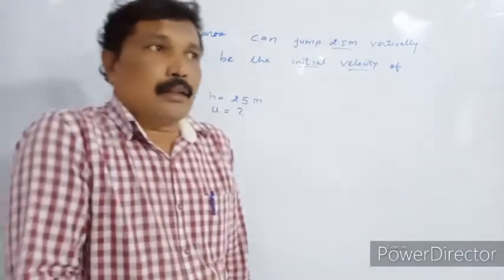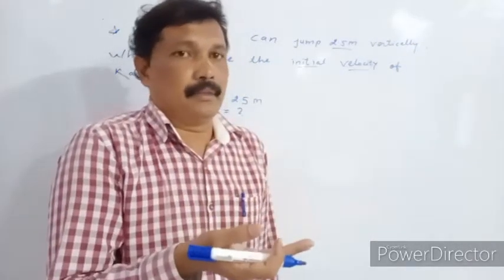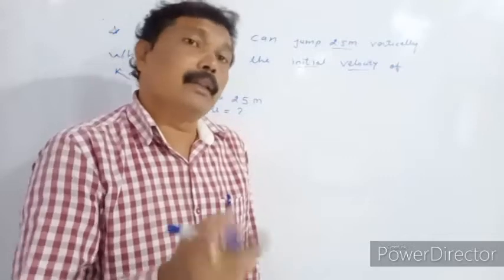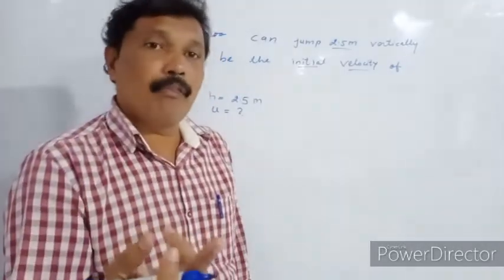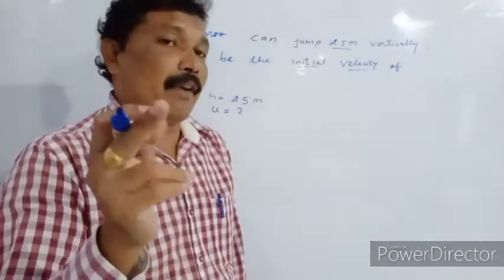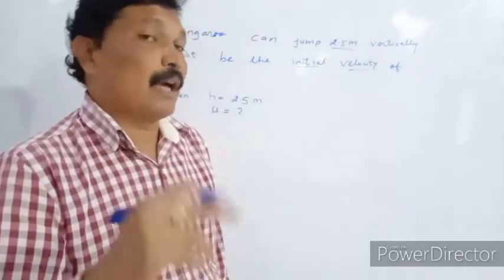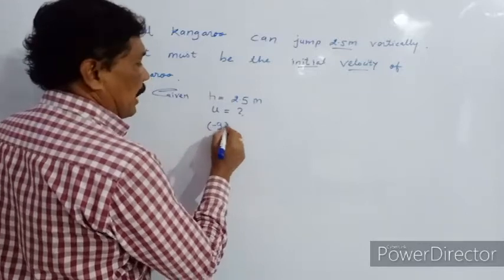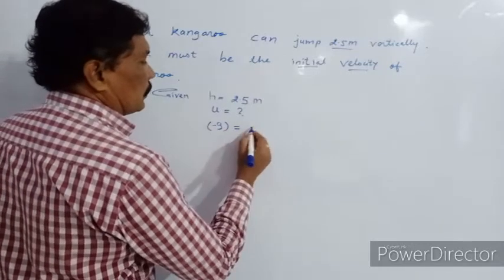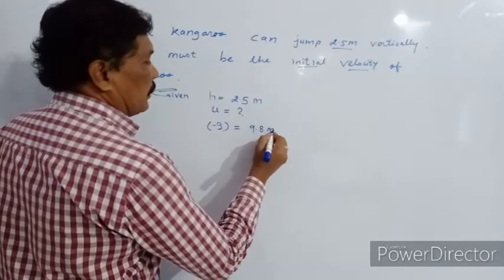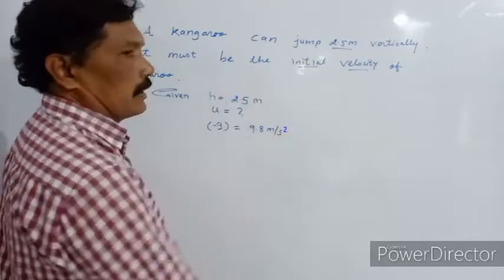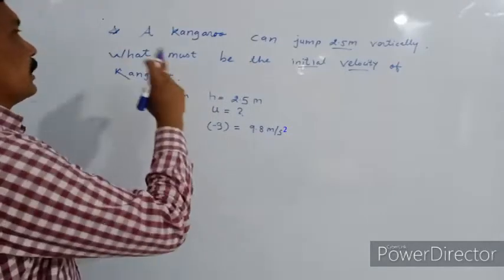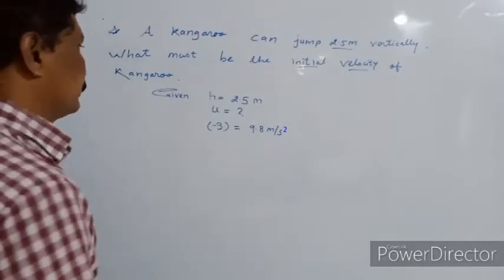Now here the kangaroo is jumping, okay, and he is jumping in the opposite direction of gravitational force. So acceleration due to gravity g will be minus g, equal to 9.8 meter per second squared, because the kangaroo is jumping against the gravitational force.